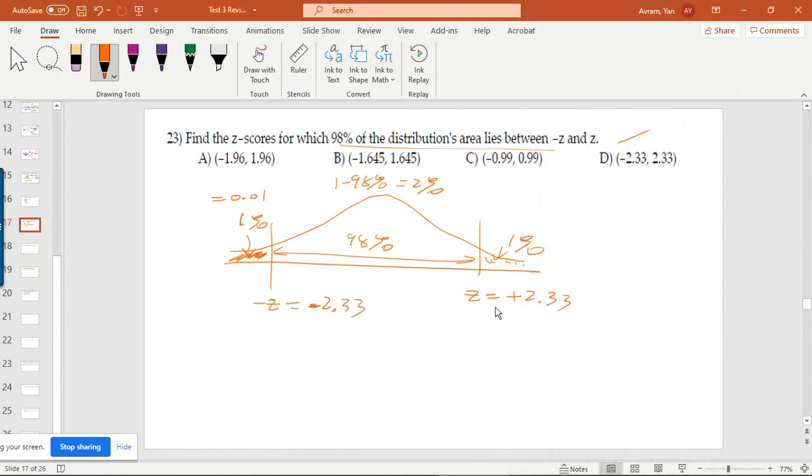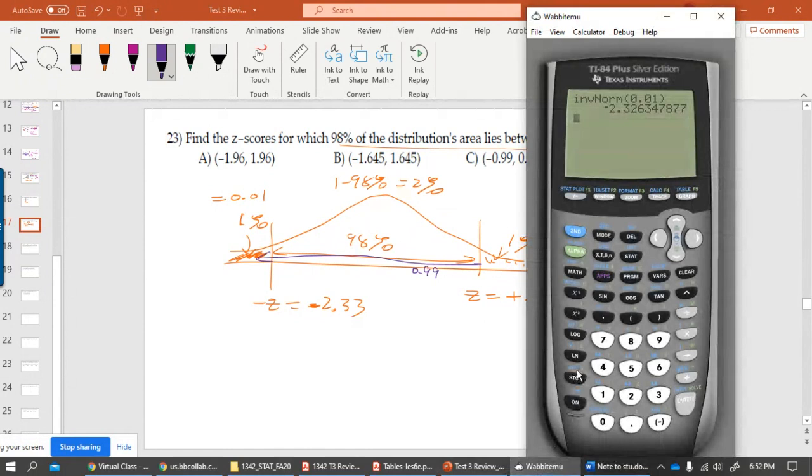And if I want to read a positive one on the right-hand side, I will have to use the entire area. Look at it. If I want to read this positive Z-score, I will have to use this whole area to the left, because that is how they're corresponding. And then this will be 0.99, right? We have 1% plus 98%, that's 0.99.